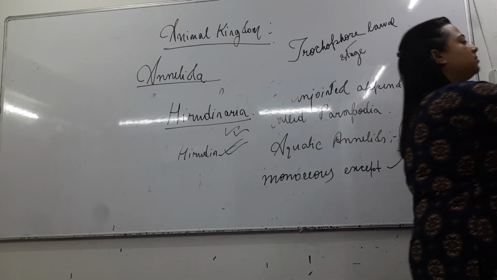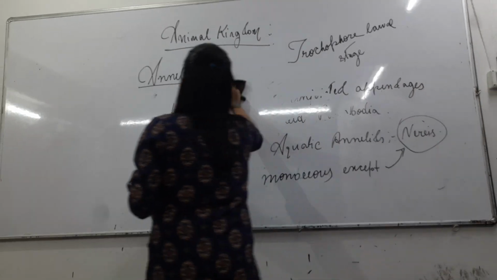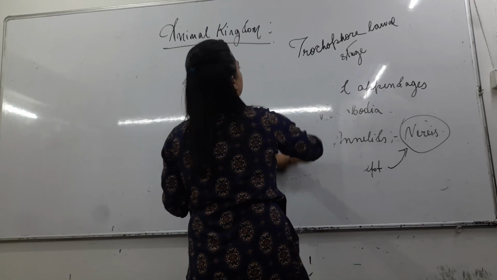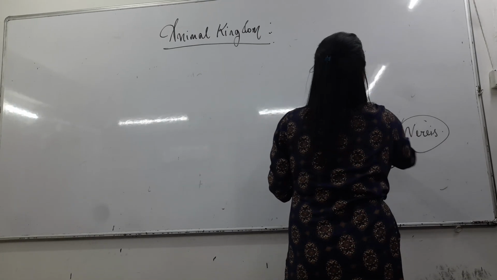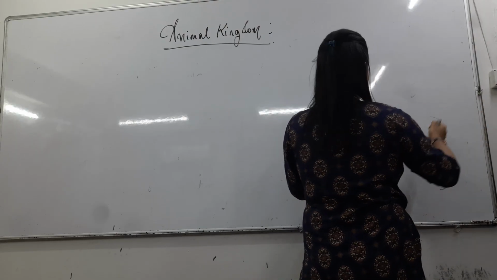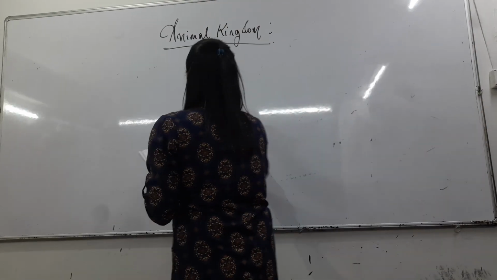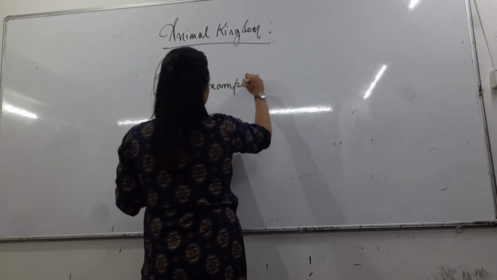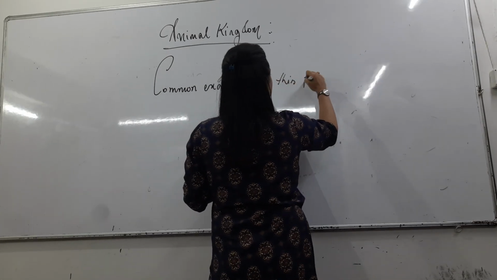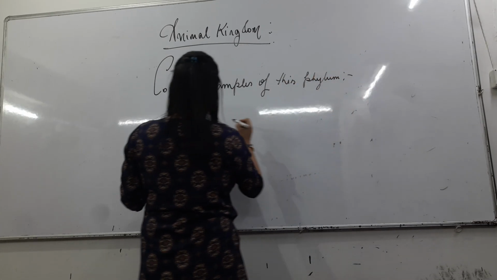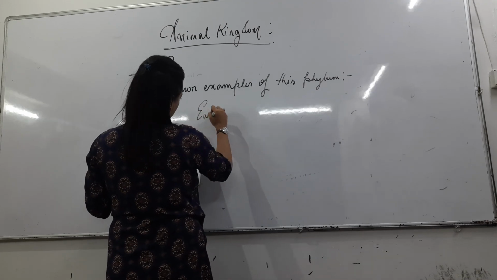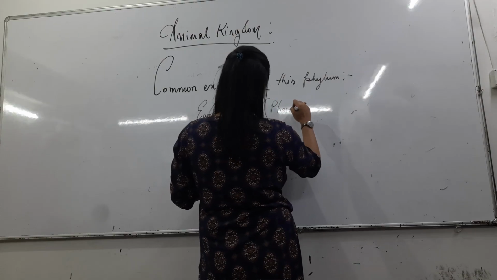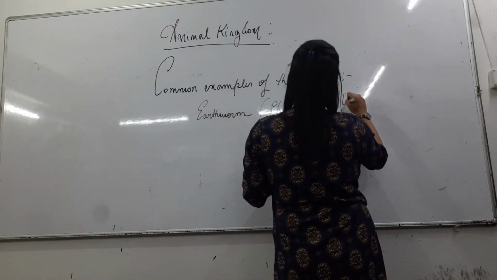Now write down the examples of this phylum. Earthworm, which is also known as Pheretima, and Megascolex.